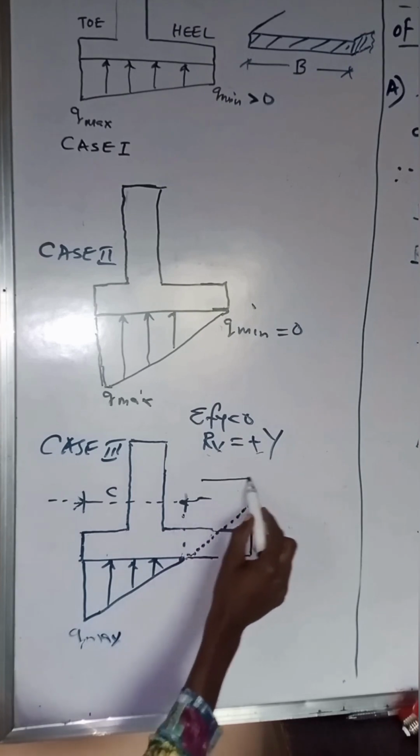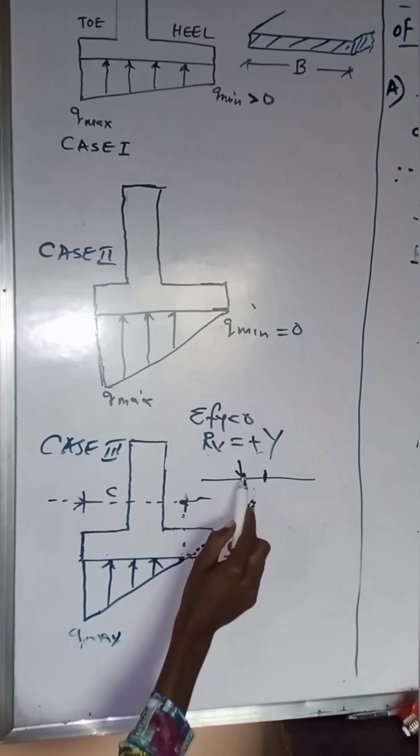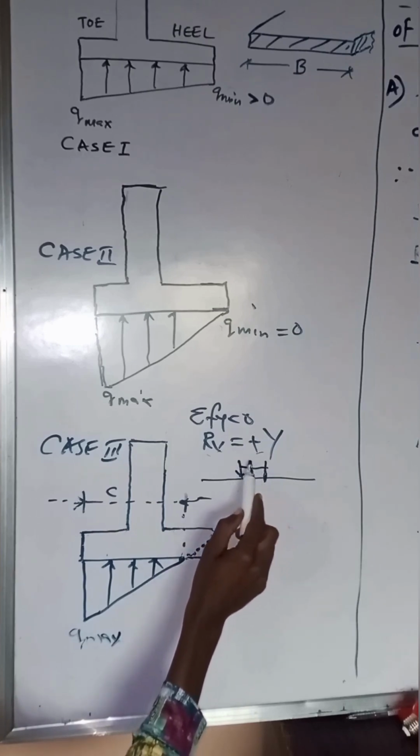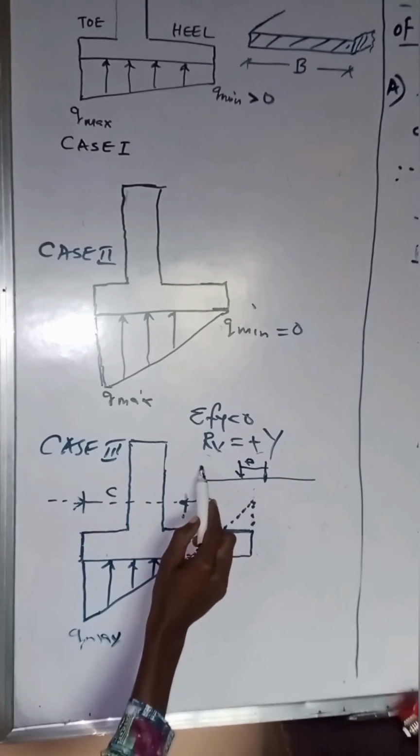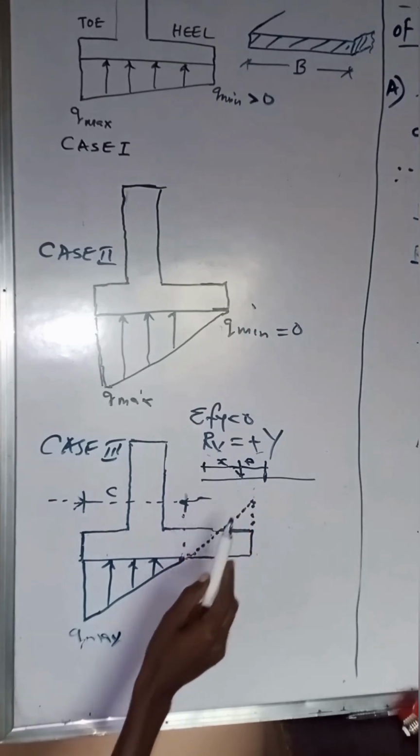Let's draw it out. Let's say this is our center point. This is our resultant. This is E. Let's call here X bar the moment arm of the resultant force.